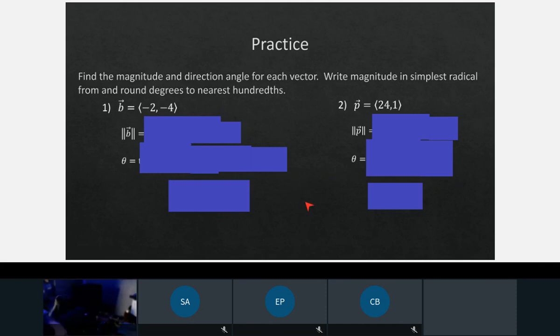We'll say, how about 1 minute, 10 seconds to try to find the magnitude and the angle. This feels like deja vu from yesterday, doesn't it?